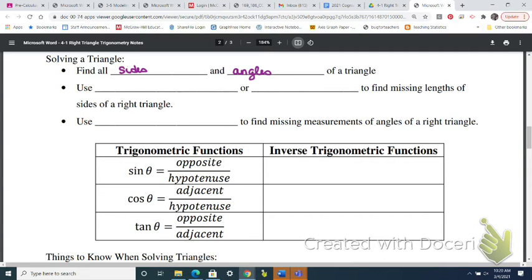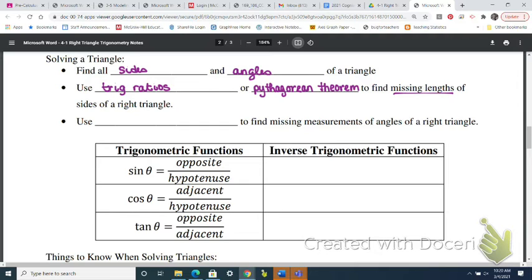We are going to use trig ratios and the Pythagorean theorem to find missing lengths of sides of a triangle. So if I need to find a side, I can use a trig ratio or Pythagorean theorem.